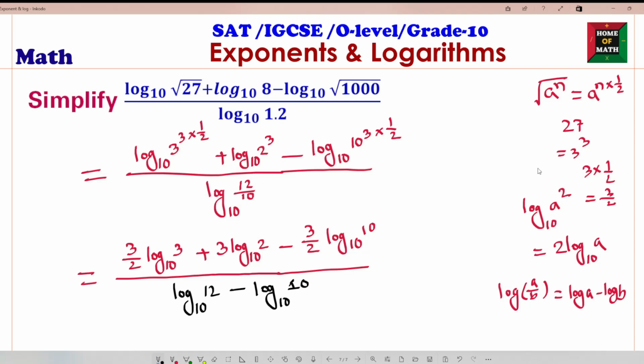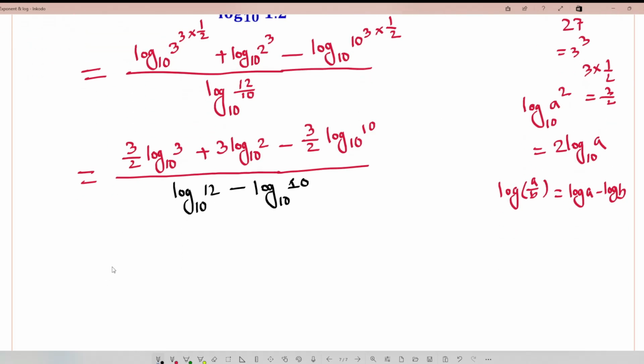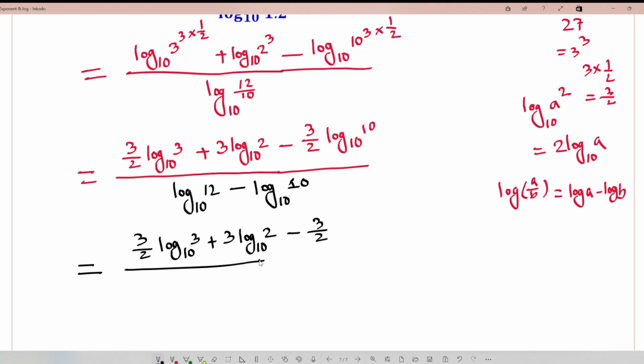Now three divided by 2 log base 10 3 plus 3 log base 10 2 minus 3 divided by 2. We will not write log base 10 10 because we know log base a of a is 1.